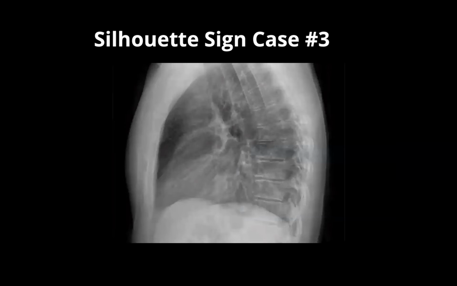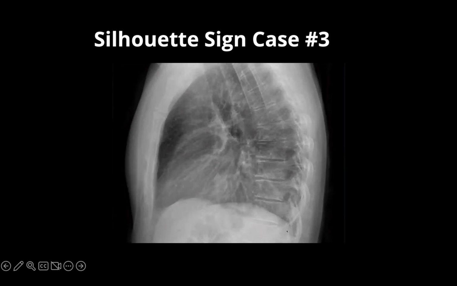Now let's play the game the other way around in this lateral view. Obviously, we can see an opacity here. We have a spine sign, we have opacity in the retrocardiac space. And where is it? We know it's located in the lower lobe, right? But looking at the diaphragm, applying the silhouette sign to the diaphragm, we said the right diaphragm, we see it anteriorly, but we have to follow it up all the way to the posterior aspect. We don't really see it posteriorly.